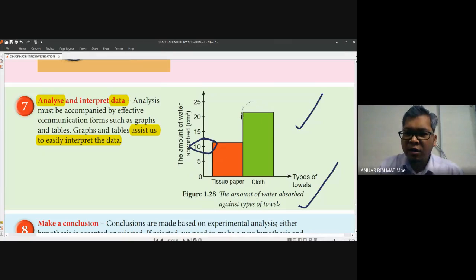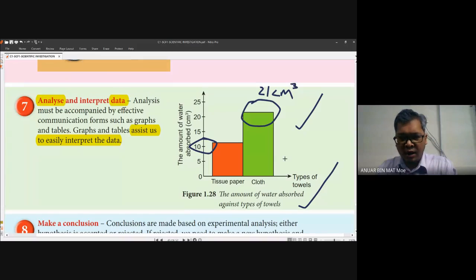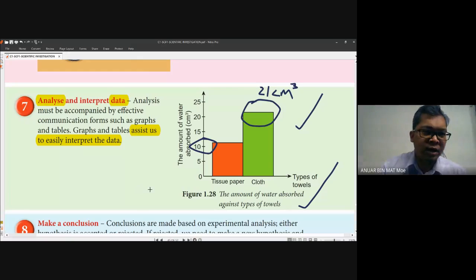And then for the cloth, it's able to absorb maybe about 22 or 21 centimeter cubic of water. Why we need to do the graph here? To see clearly the difference between 2 materials. All right, that's why we need to use the graph or just a simple table. Table jadual pun boleh digunakan, ya.